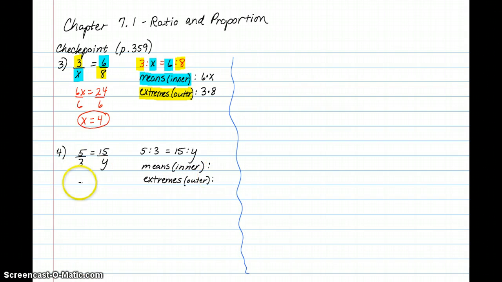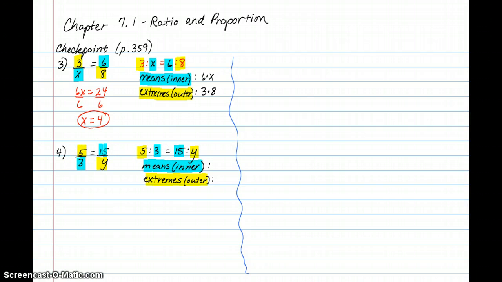Then set it up and solve it just like we did. The extremes will be yellow, the outer, your 5 and your y. The means will be the inner.